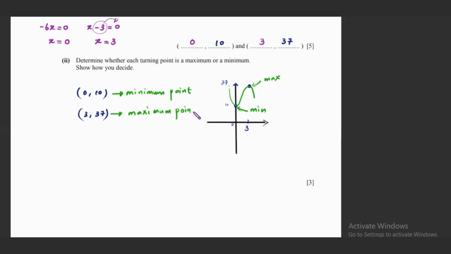So this sketch is how we have shown how we figured out which one is the maximum and the minimum point. We don't have to write any reason other than this sketch.